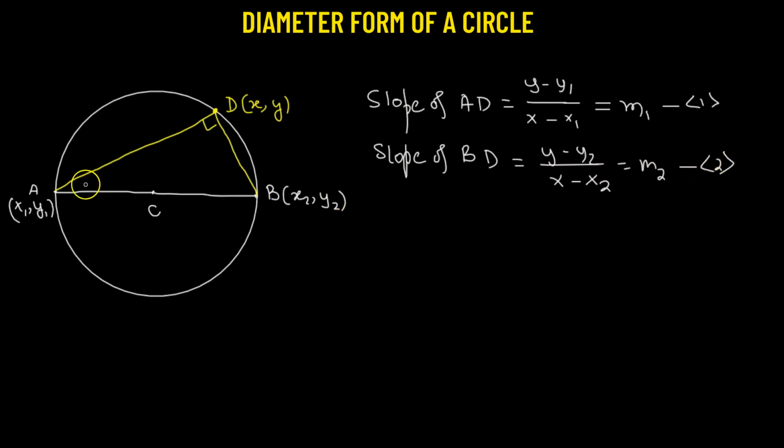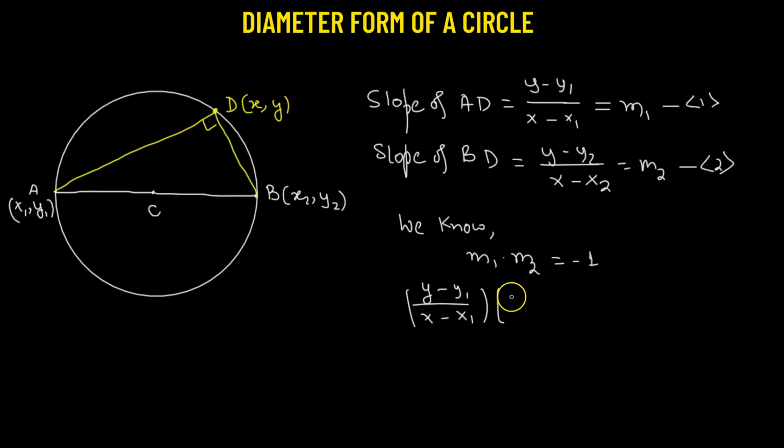Now we know for a fact that whenever we have two lines perpendicular to each other, then the product of their slopes is going to be equal to -1, meaning m1 times m2 will always equal -1. So we can rewrite it as, in place of m1, y minus y1 divided by x minus x1, all multiplied by m2, which is y minus y2 divided by x minus x2, equals -1.